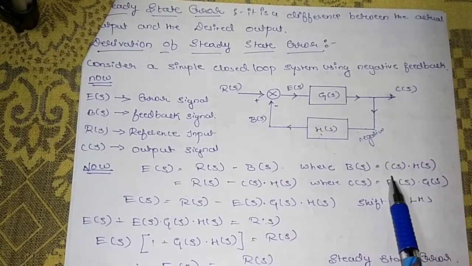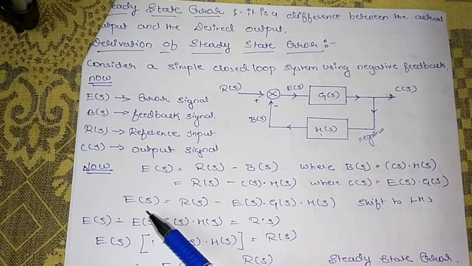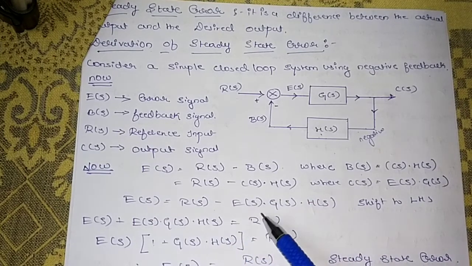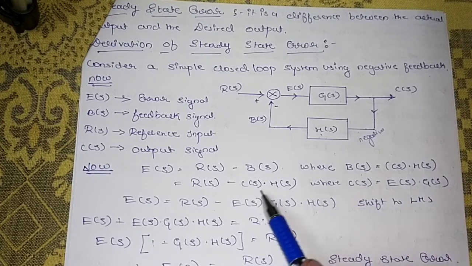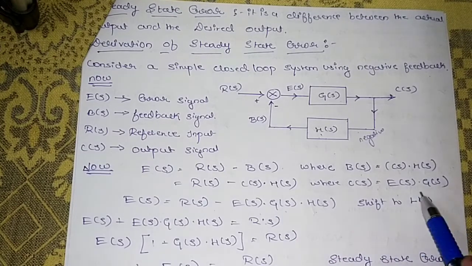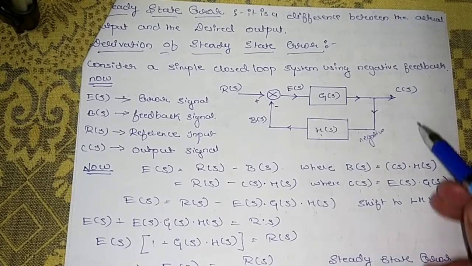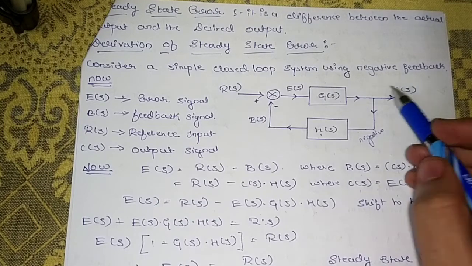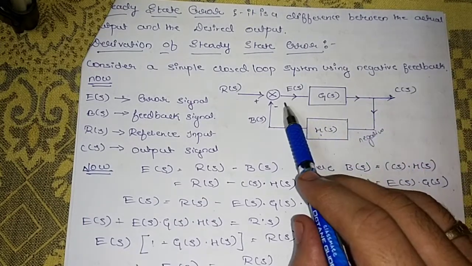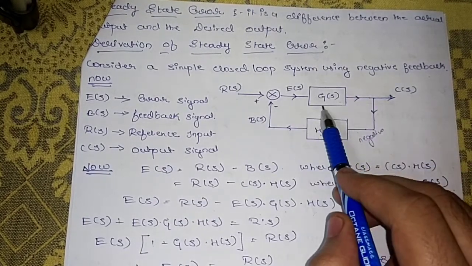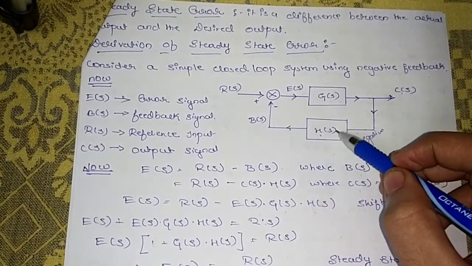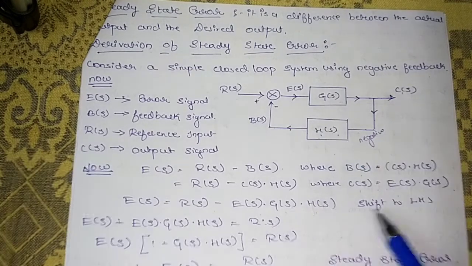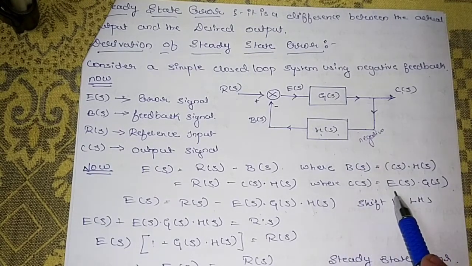I will substitute this value here. Then E(S) is equal to R(S) minus C(S) into H(S), and then I will expand C(S). C(S) is equal to E(S) into G(S). Where is C(S)? See here: if I want C(S), I come here, and E(S) multiplied by G(S) gives me C(S), which is then fed back. So C(S) is nothing but E(S) into G(S).